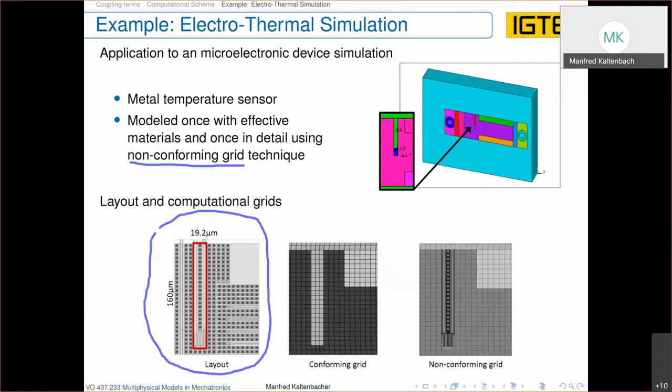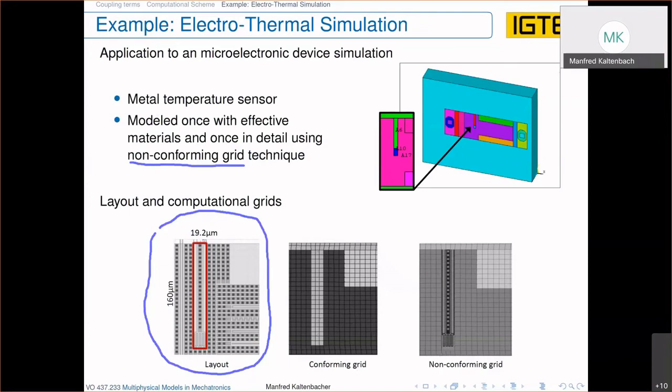So you see here the top of the temperature sensor, that is here a resistive temperature sensor with a meander shaped part here, what we can see here. Okay, so in this sense, a possibility is here to do a homogenization. And as you can see on this picture here for the conforming grid, the details were not resolved.